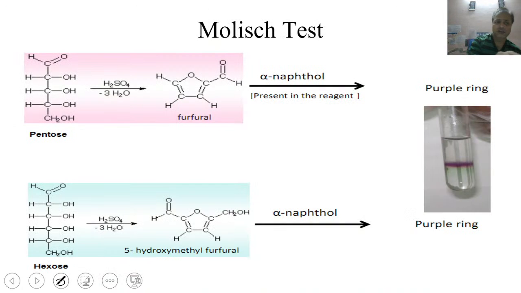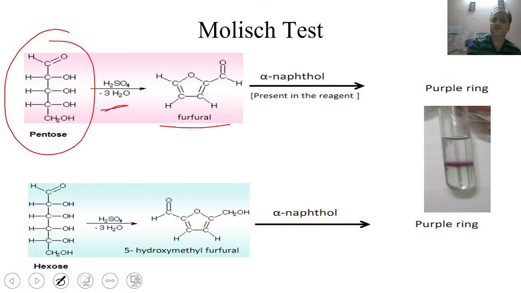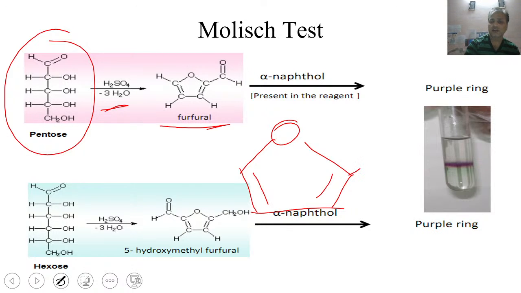So if this is your pentose, I have told you, if it reacts, it will give you a furfural compound. Any compound which has this type of ring, a 5-member ring with 2 double bonds and 1 aldehyde here, is called furfural. So both pentose and hexose give this derivative.